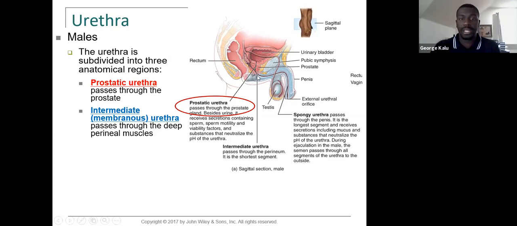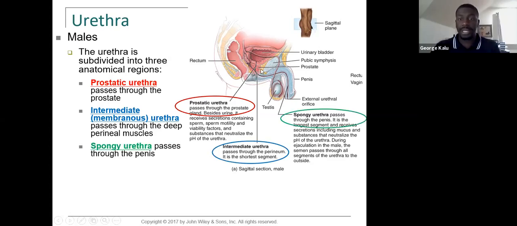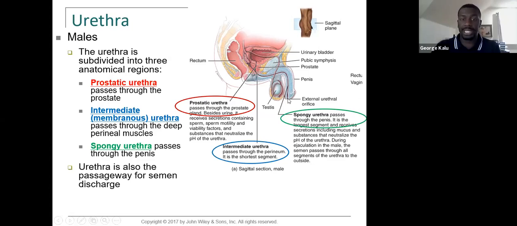And then we have the spongy urethra, which passes through the penis and ultimately leads out to the external urethral orifice at the tip of the penis. That's where the pee exits the body.